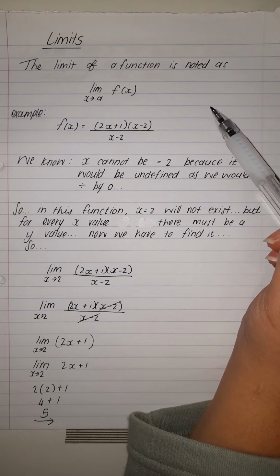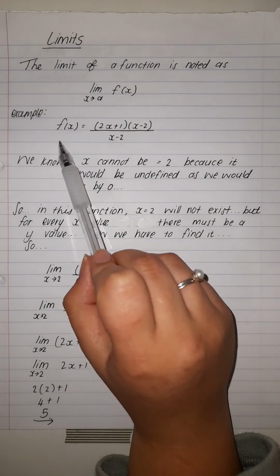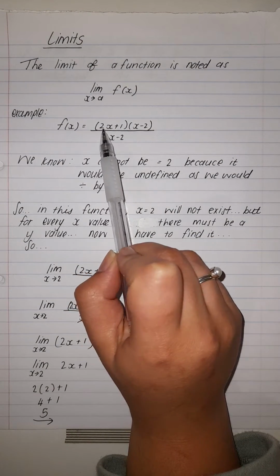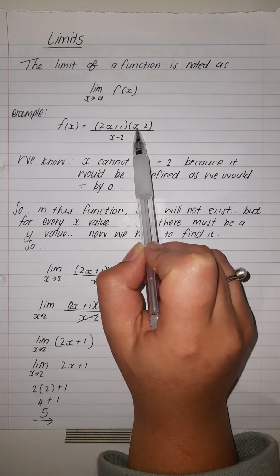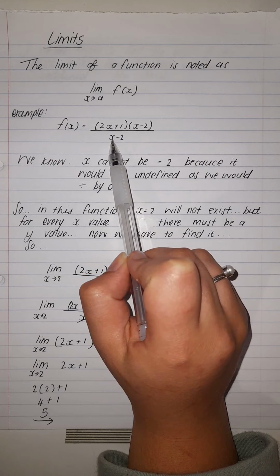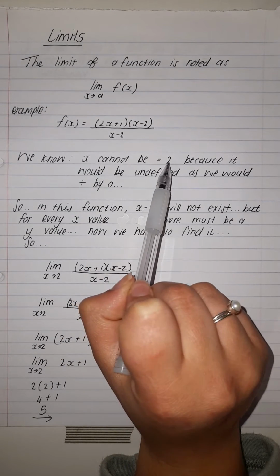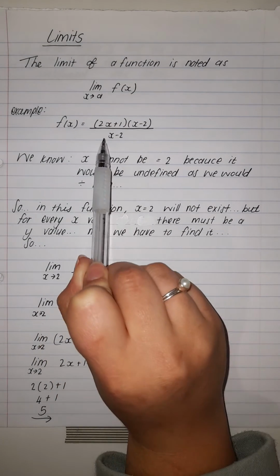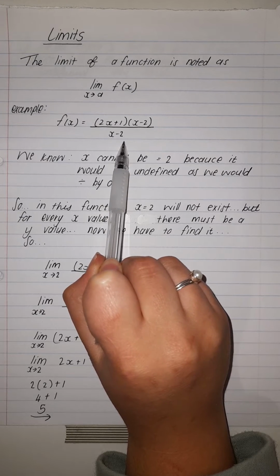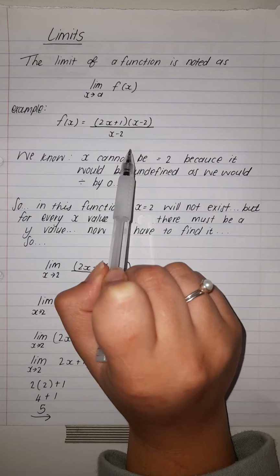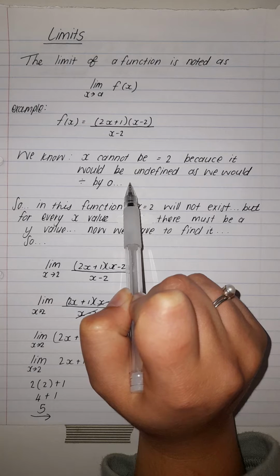it would be undefined. If we look at f(x) equals (2x + 1)(x - 2) divided by (x - 2), we know that x cannot be equal to 2, because if it is, 2 minus 2 would equal 0. And if we divide something by 0, it would be undefined.